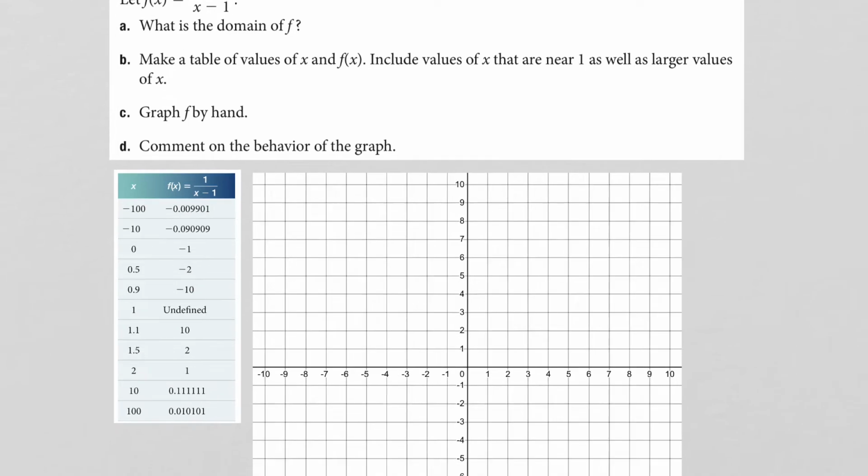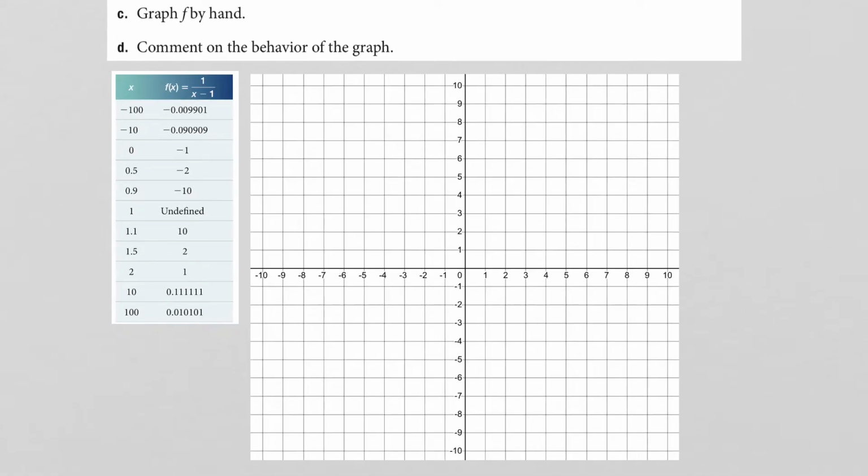So to do this graph, we're going to go ahead and plot some of the points that we have in our table. So you can see that when x equals 0, we get negative 1, as this point here. At x equals 0.5, which is 1/2, f of x equals negative 2.